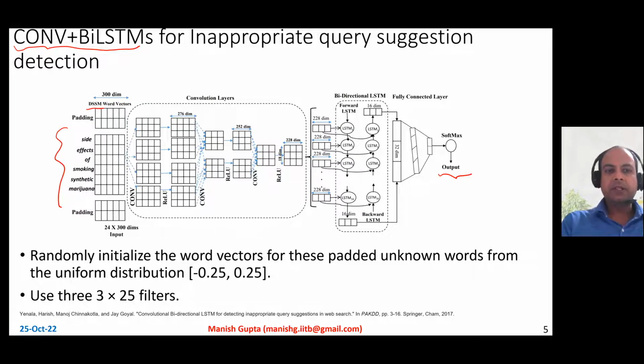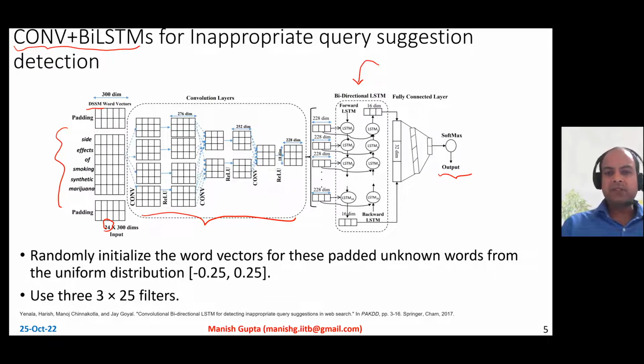Further, if the query had 24 tokens, you would basically get a 24 cross 300 embedding matrix. This matrix is then acted upon by several layers of convolution and of course the ReLU activation, followed by some pooling, which is then followed by a layer of bidirectional LSTM.